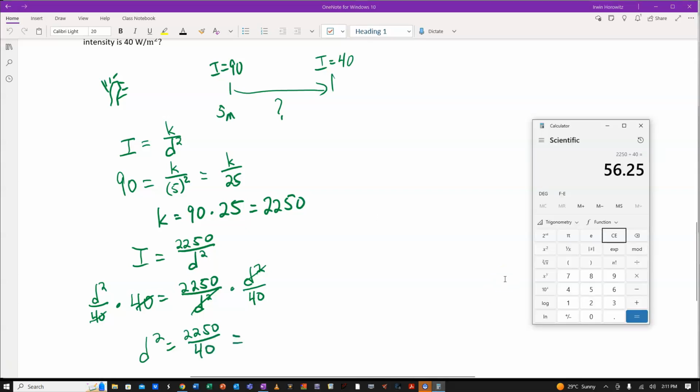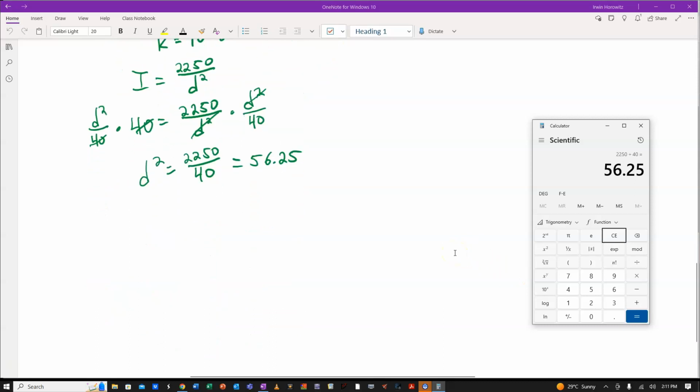And 2250 divided by 40 is 56.25. To find the distance, however, we have to take the square root of both sides. And that gives us a distance, so we use the square root button here, of 7.5 meters.